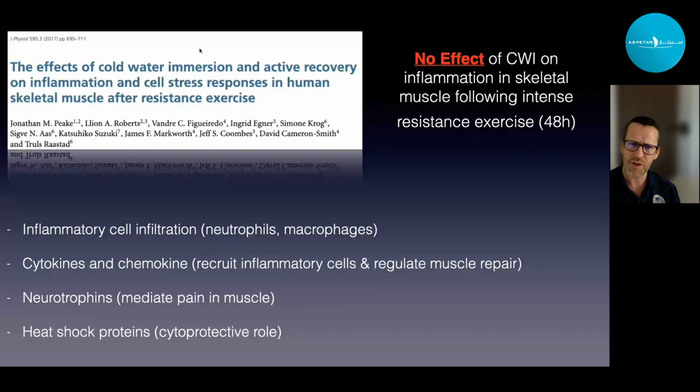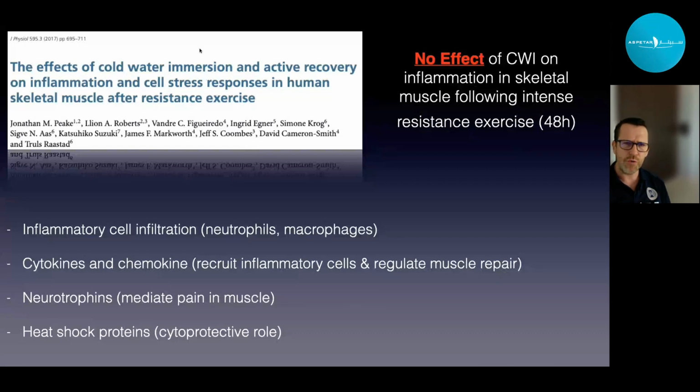And actually, when you look in the literature, there are very, very few high-quality studies that have looked at inflammatory responses in the context of human skeletal muscle. And I would say today, this paper from Jonathan Peake's group in Australia, published 3 or 4 years ago in the Journal of Physiology, is probably the best study to date.